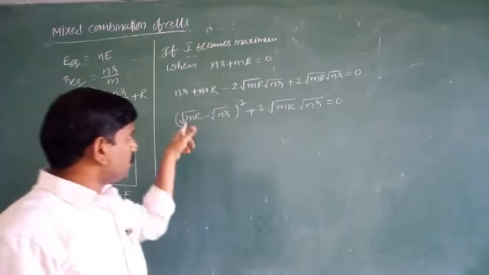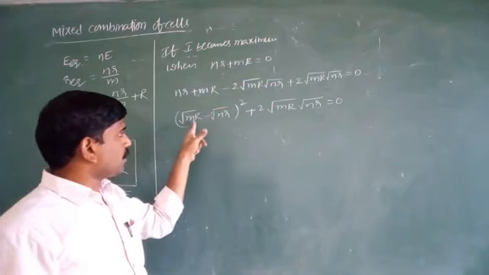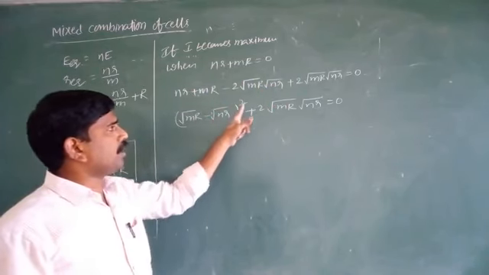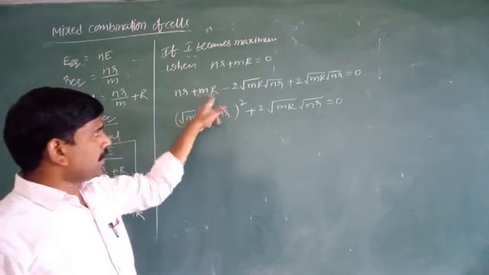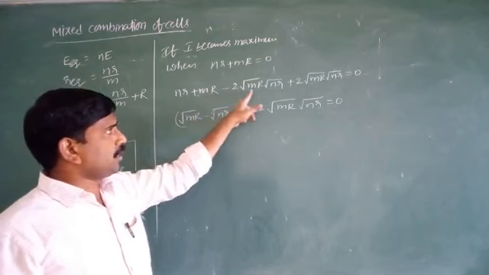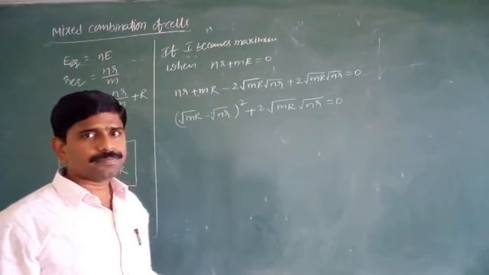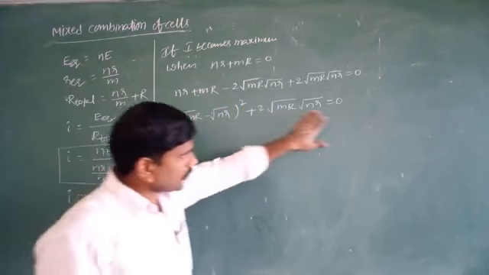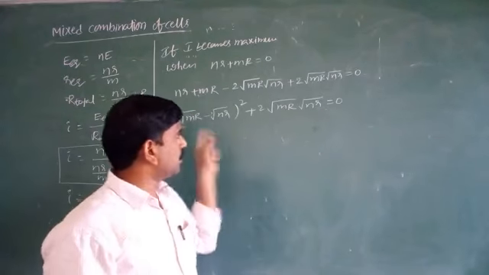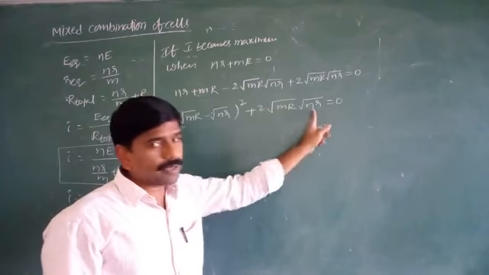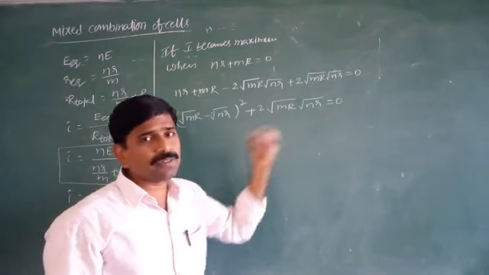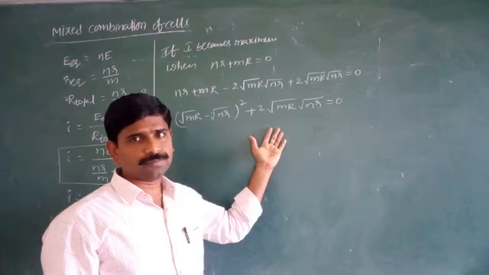So from this one we write square root of mR minus square root of nr whole square, using the a minus b whole square formula. Expanding that: mR plus nr minus 2 into square root of mR into nr. Here observe, the second term will never be equal to 0; it does not have the chance to become 0.